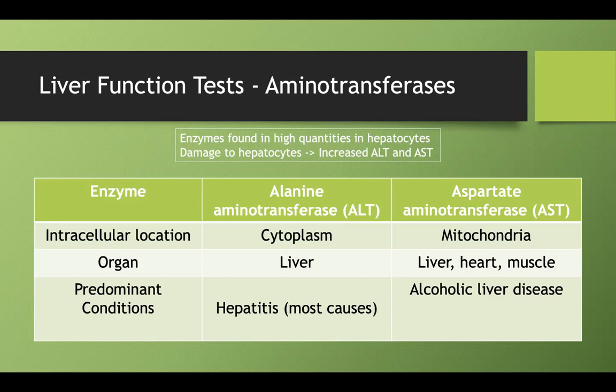But they might even throw you a trick question where they give you another cause where somebody's coming in, let's say an older lady is coming in after being found down for several hours, and her potassium's elevated and her AST is extremely high. They have an elevated CK level. They might ask you, what's going on?